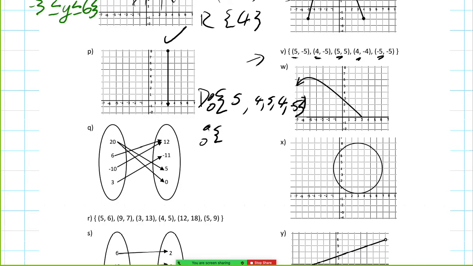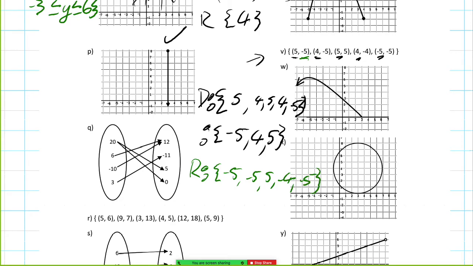So we can write from least to greatest -5, 4, and 5. That is the domain. The range, same concept: -5, -5, 5, -4, and -5. We'll condense it and put it in order: -5, -4, and the number 5.